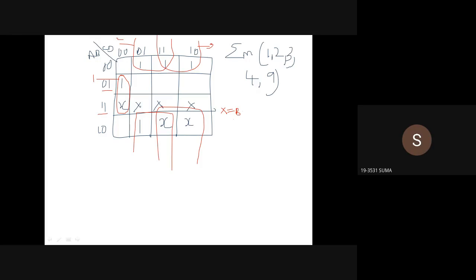C complement, D complement. B, C complement, D complement, plus, if you see the second expression in this, we'll be getting B complement D, plus third expression, B complement C. Okay.